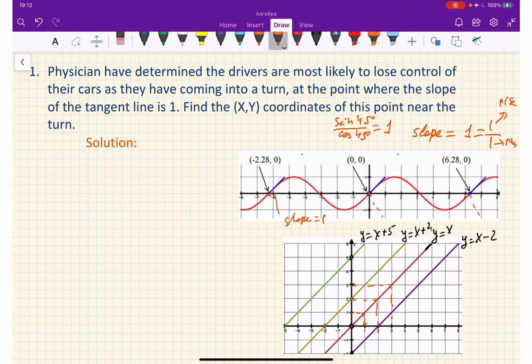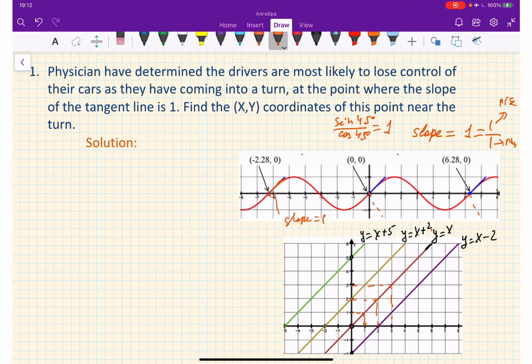Once we understood, I can move to solving, and we are going to explore the coordinate. Find the xy coordinate at what point it's going to be this or that car when it approaches the turning point, meaning approaches the slope equal to 1.